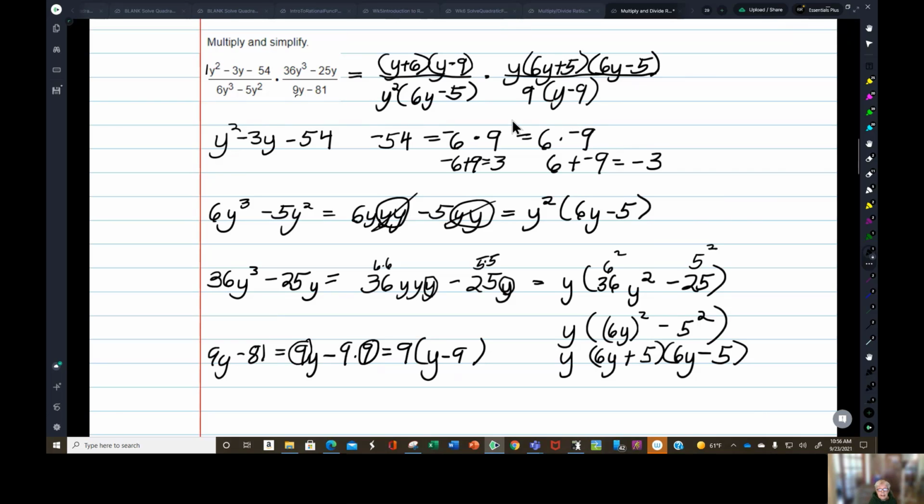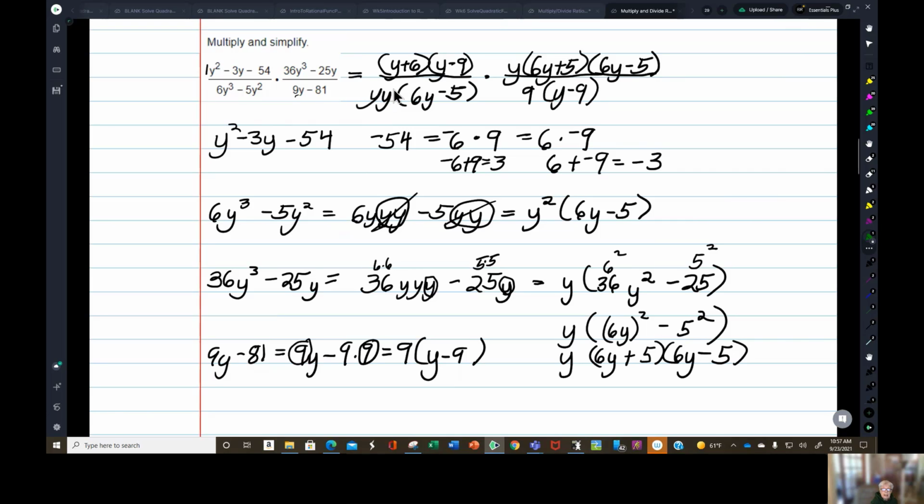And while I'm at it, I'm going to change my y squared to y times y, because it'll just be more convenient. Then it will be much easier to cancel.